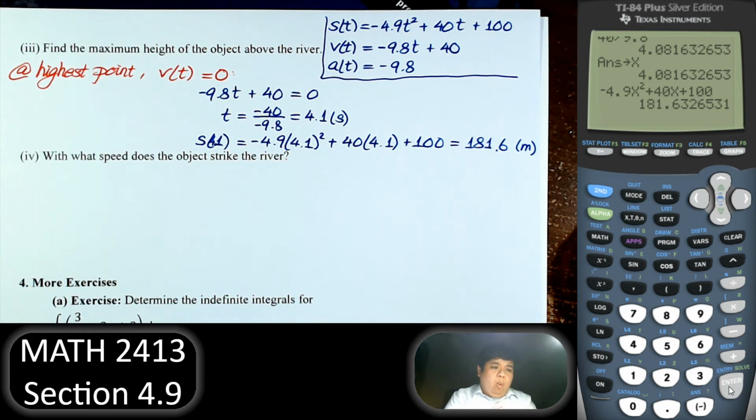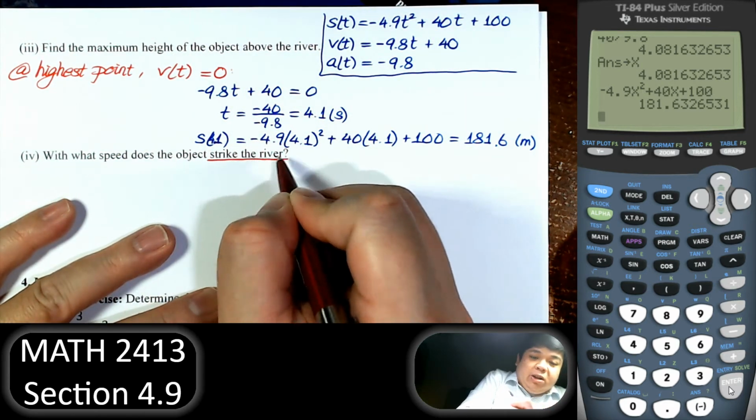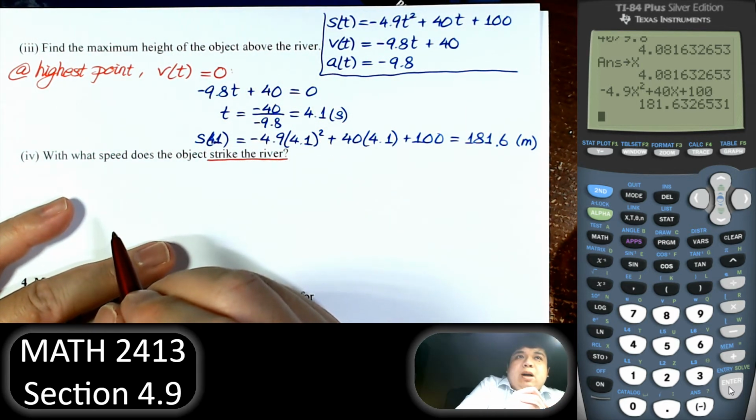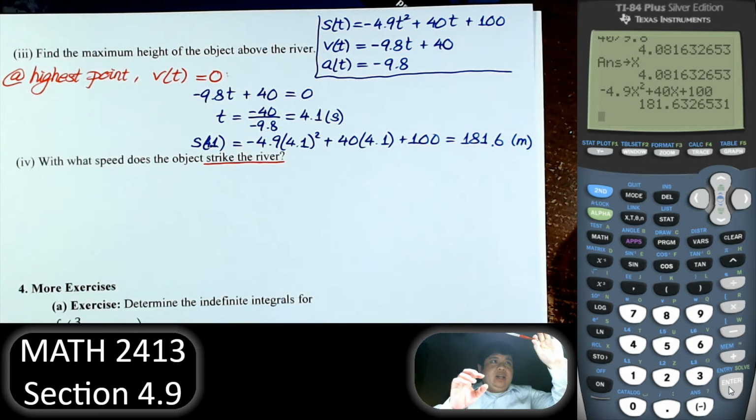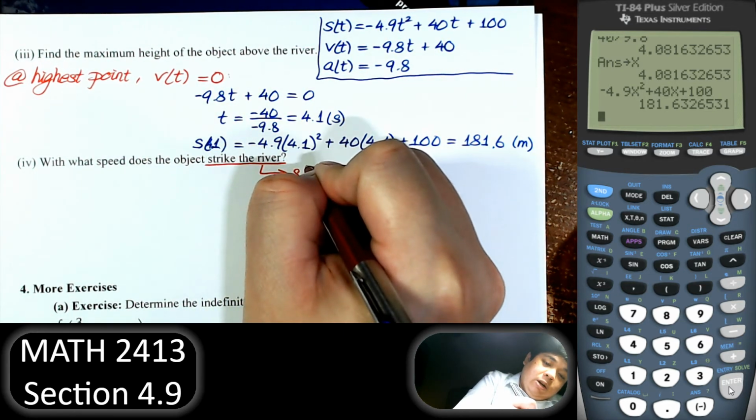Next, at what speed does the object strike the river? Right. So when the object strikes the river, what's so special about that? Of course, the gravity is pulling down, so the acceleration is always a constant, negative 9.8. Velocity will change, position will change, but when it strikes the river, the position is equal to 0.